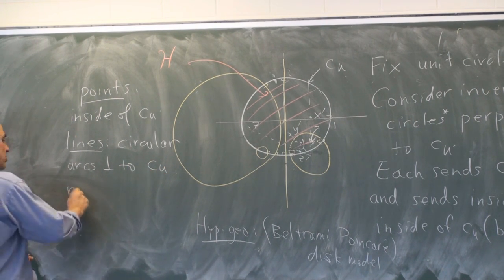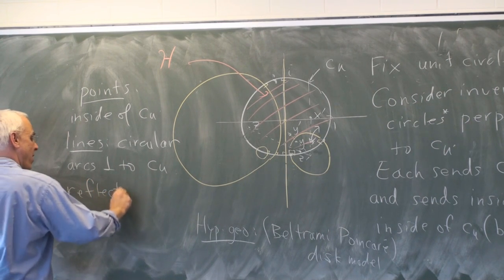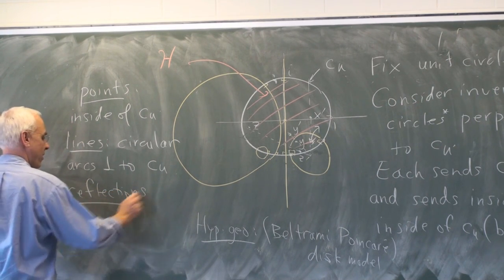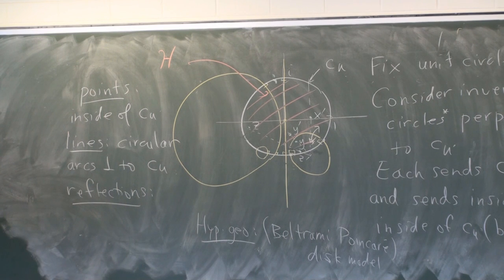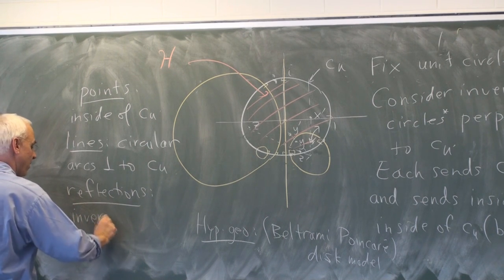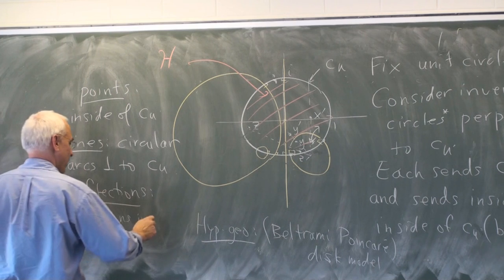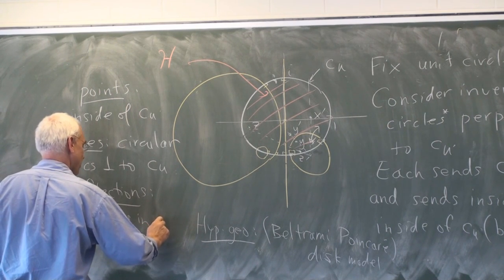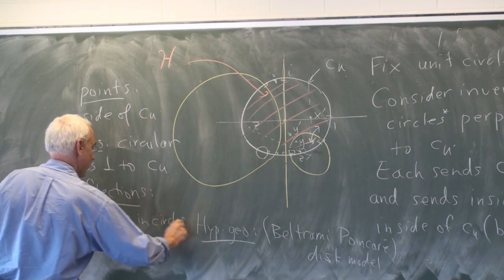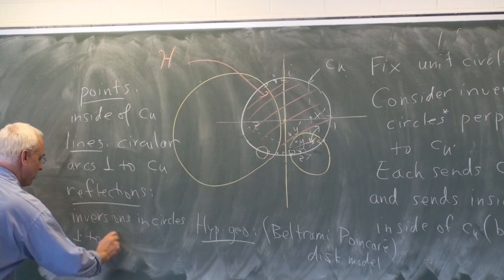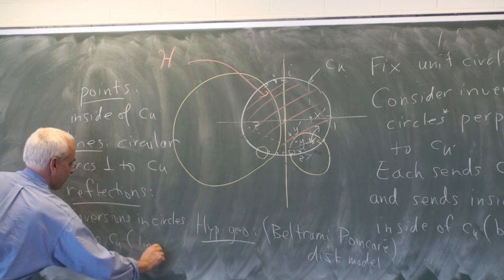And the reflections are these inversions in the circles perpendicular to C sub u, i.e. what we're calling lines.